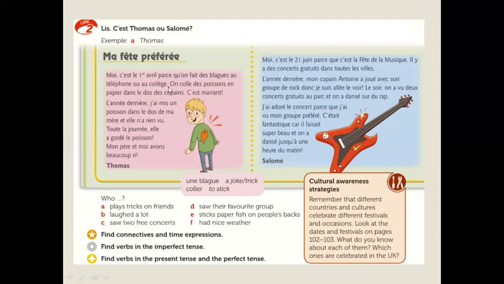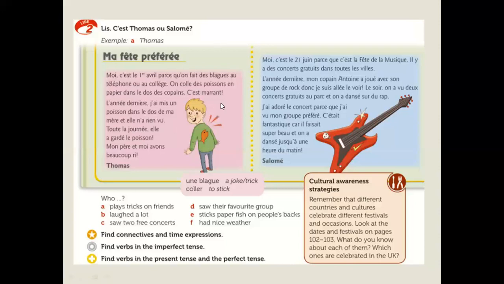He talks about the 1st of April and he says we stick paperfish to the back of friends. And F was Salomé. She says she had nice weather because she says it was fantastic because it was very sunny. Il faisait beau means it did beautiful, literally. But it's a way to describe the weather and say that it was sunny.